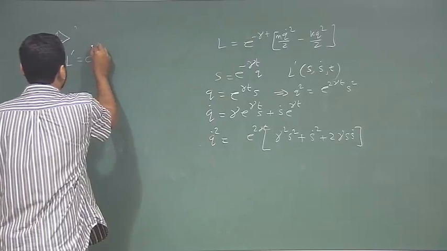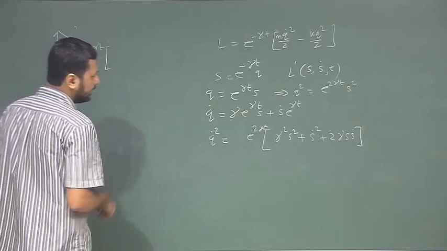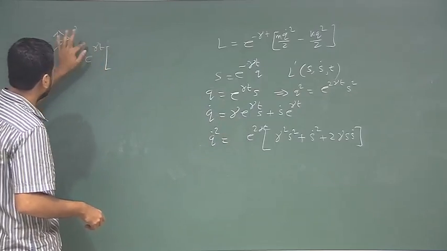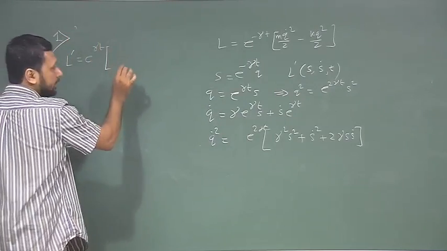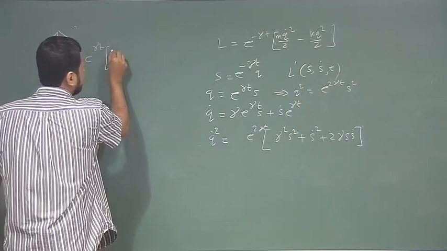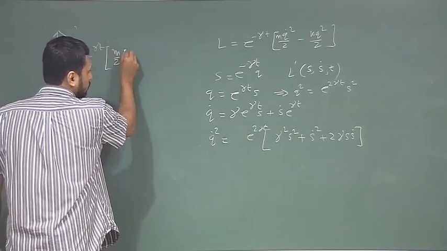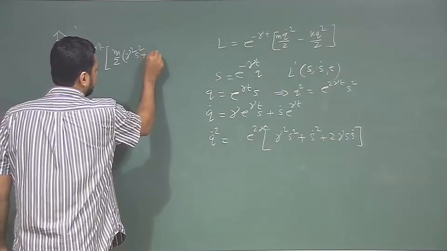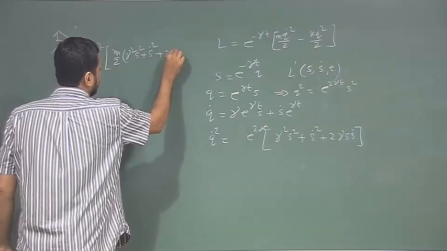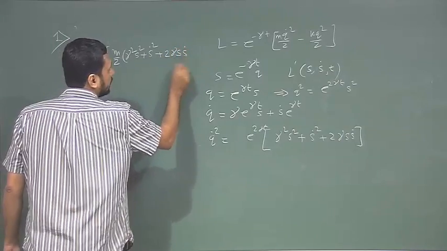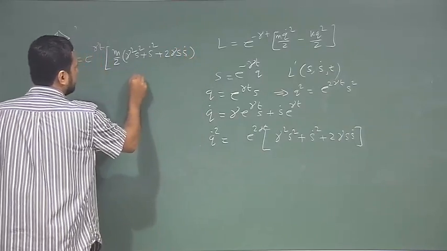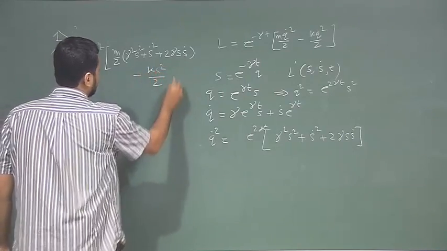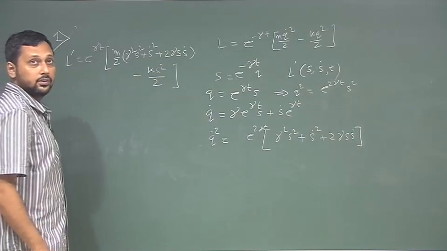Inside we will have, we do not worry about the exponential term, which we have already taken care of: m by 2 times gamma square S square plus S dot square plus 2 gamma S S dot, that is the first term, minus k S square by 2. So, this is your L prime.